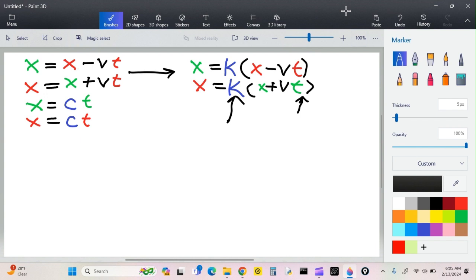Okay, let's go back and think about the light pulses. Here's the light pulse. Now, let's consider another scenario. This was one scenario where the whole thing was moving at a certain velocity, and we were looking at these from an outside perspective. Now, let's look at another situation where the green one is moving in the left direction.